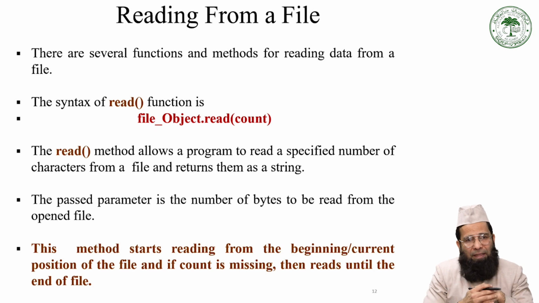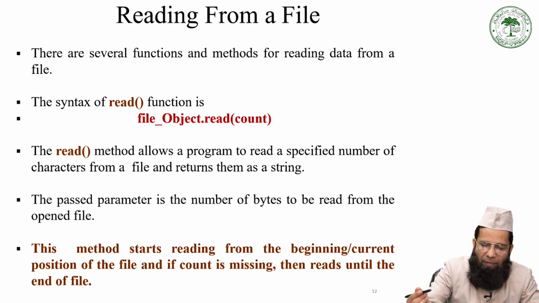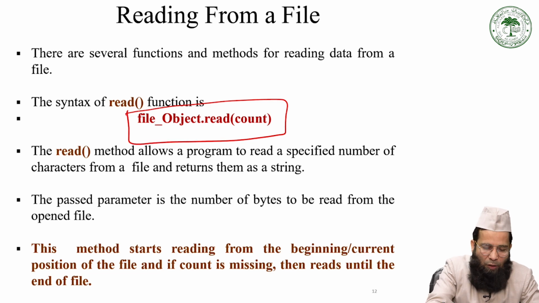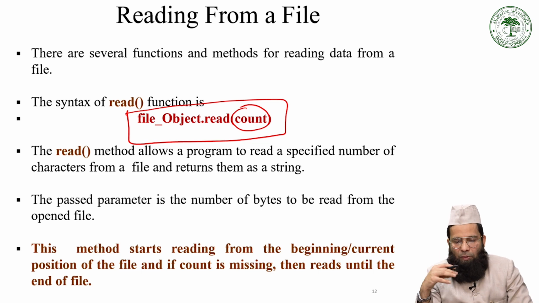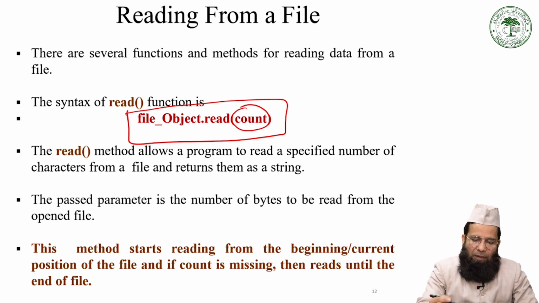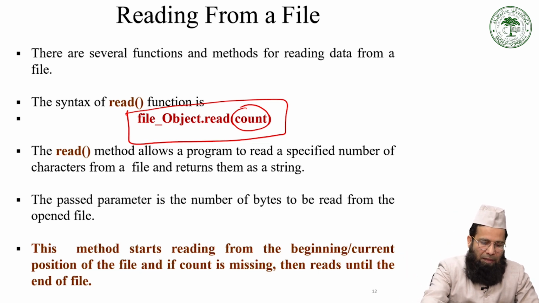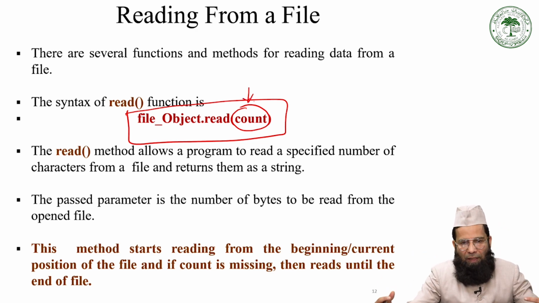Then how to read the content? For read purposes we have different methods. First of all we need to use the file object, then read, and it takes a count, the number of bytes to be read, how many bytes I want to read. So I can give 5, 6, 8 and so on. If you are not passing the count, then it would try to read the whole content of your file.